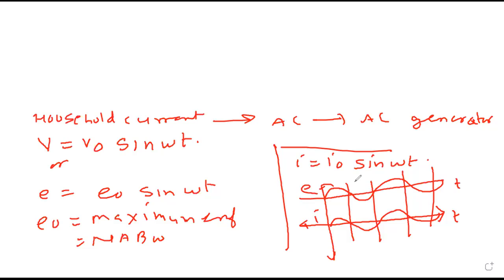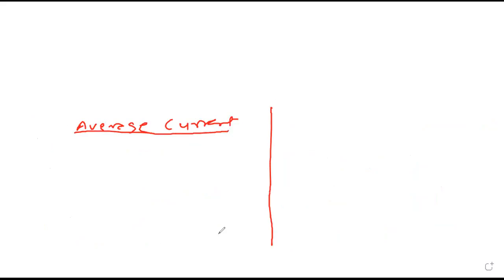Done, sir. Now we are proving how the average current for one cycle is 0, and for half cycle it will be something which you have to remember.